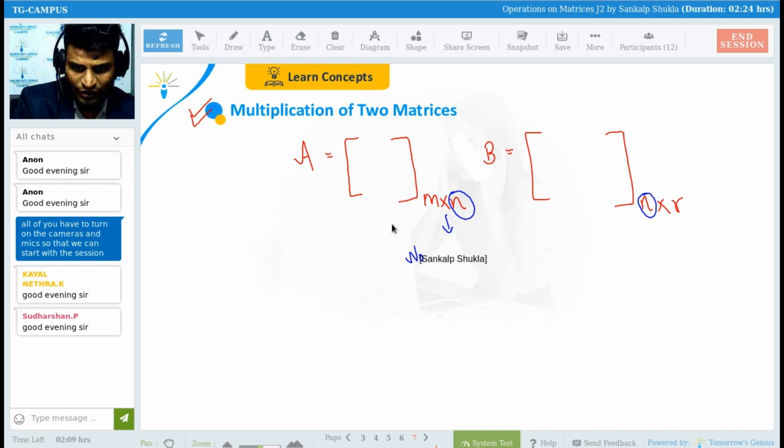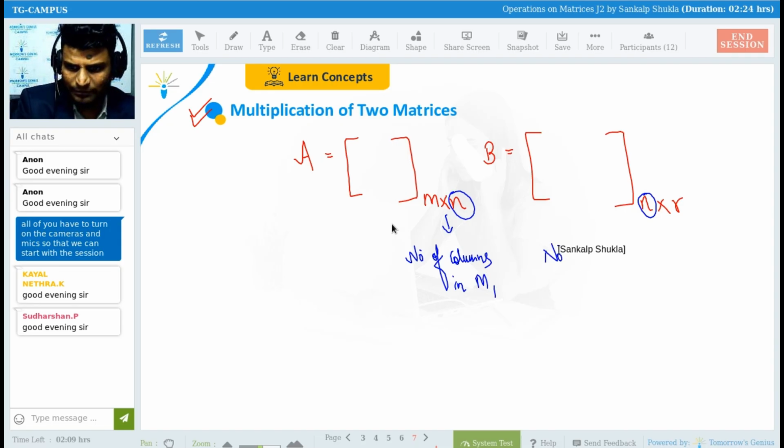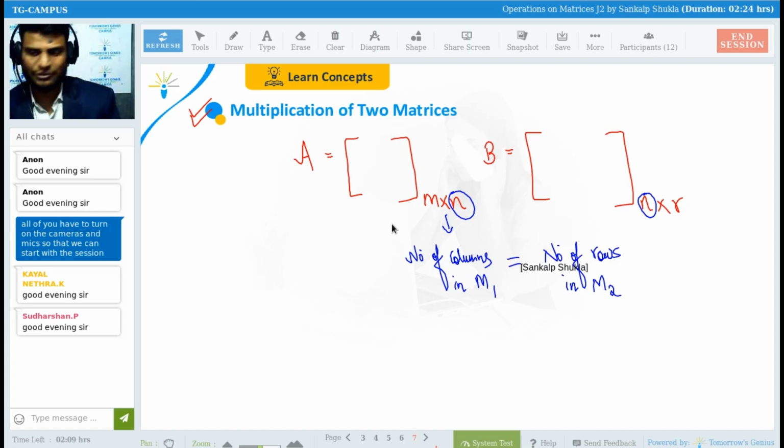It is exactly the number of columns in M1. What do you mean by M1? M1 is matrix 1. And you have to check the number of rows in M2. If these two numbers are equal, then only multiplication is possible, else not. If the number of columns in matrix 1 does not match the number of rows in matrix 2, multiplication is not possible. In that case, you are not supposed to multiply the matrices.